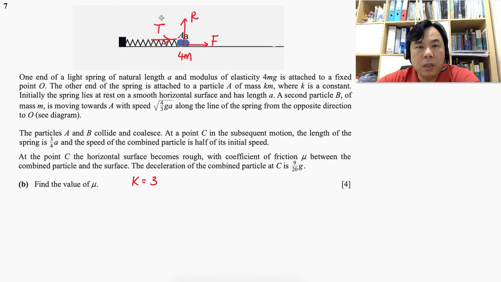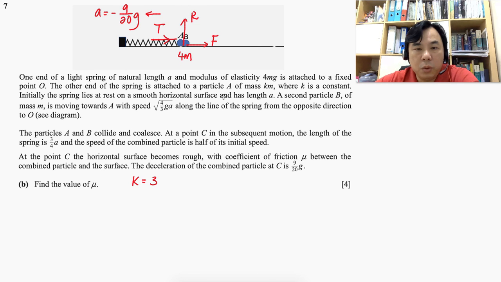So the deceleration, up to you how you want to see that. Since it's compressed in this direction here, the deceleration is given by negative 9 over 20 g there, right? Okay, we are pretty much ready.